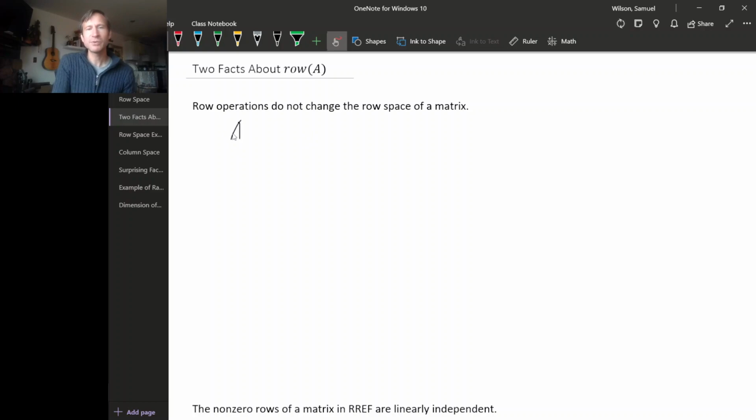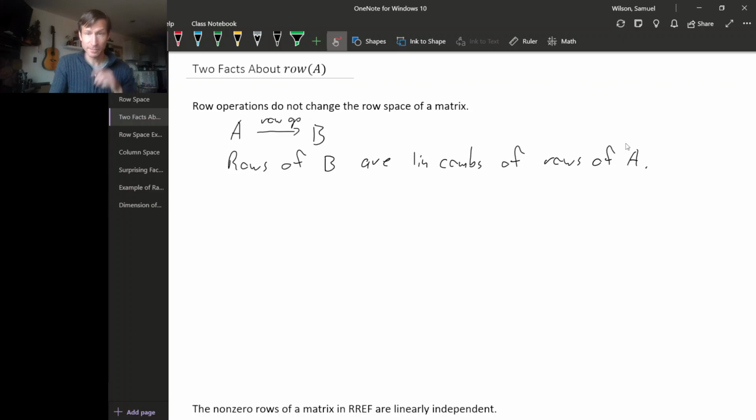So let's suppose that we have done some row operation here to get to a new matrix B. We know from before that the rows of B are linear combinations of the rows of A. We proved that earlier.